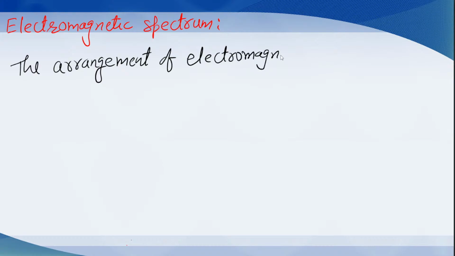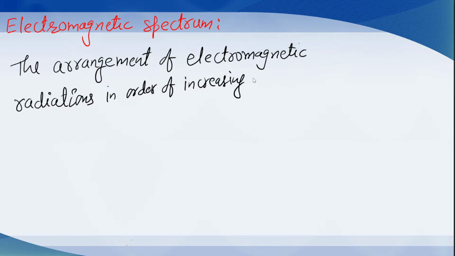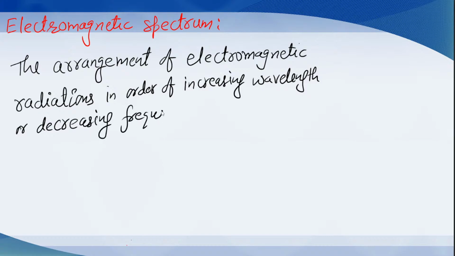Electromagnetic spectrum is the arrangement of electromagnetic radiations in order of increasing wavelength or decreasing frequency. Okay.